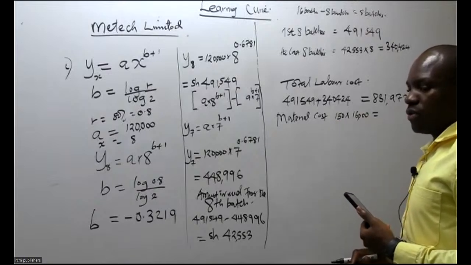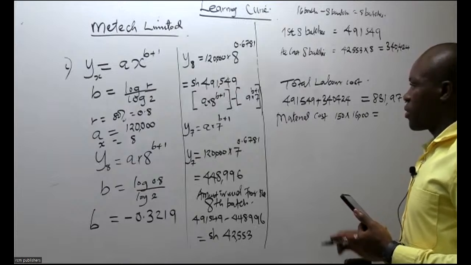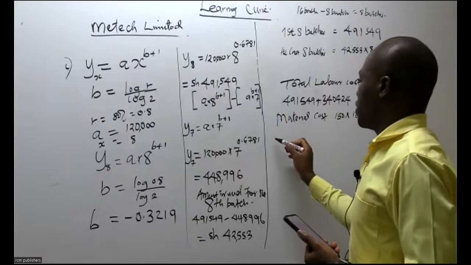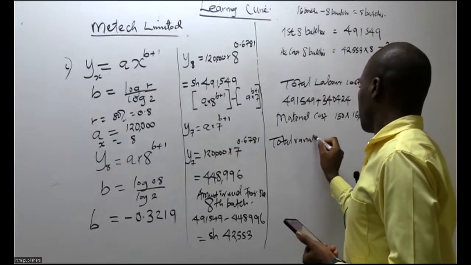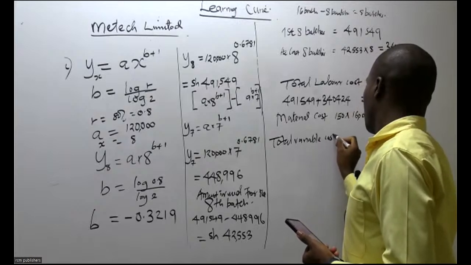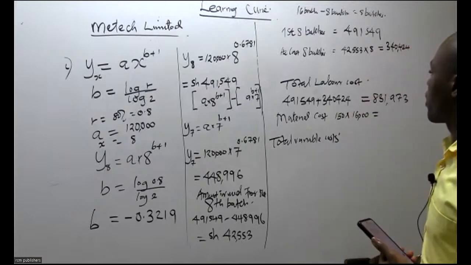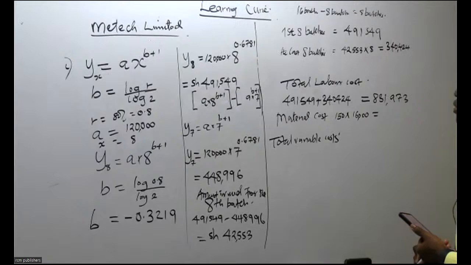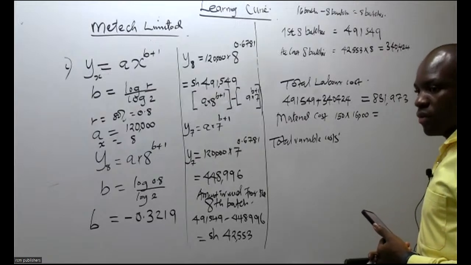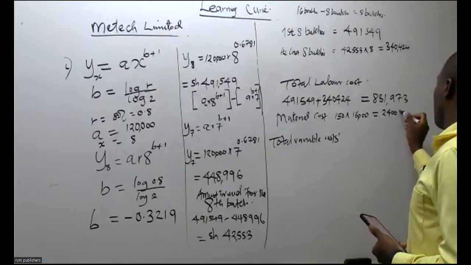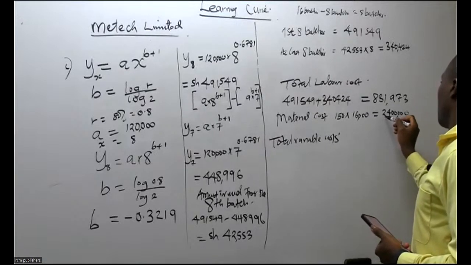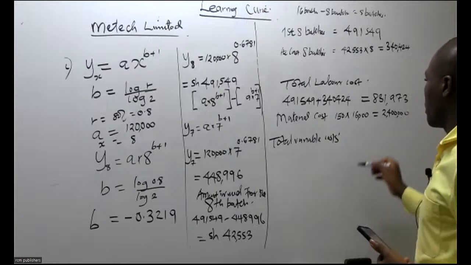What will be our total material cost? It is 2,400,000. That is our total material cost.